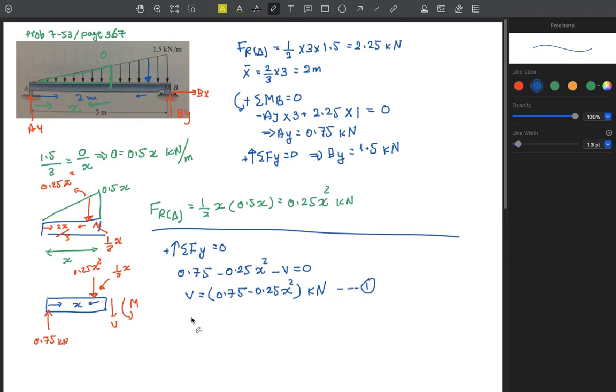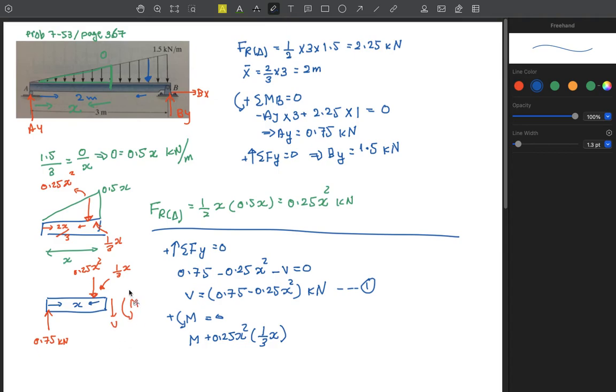And now equation number 2, to do that, we need the moment, right? So take moment in this direction, positive, sorry. So we say that our m equals to 0. So we say our moment, this one, this is positive, and then we have plus this one because it's going counterclockwise. It's plus 0.25 x squared multiplied by the distance. It's just multiplied by 1/3 x, right?